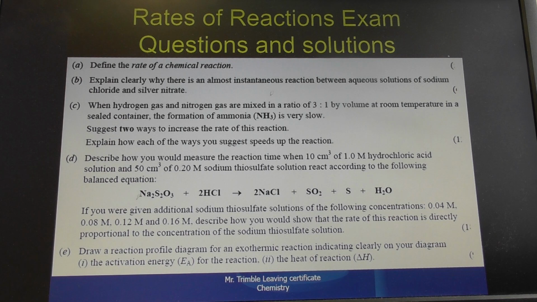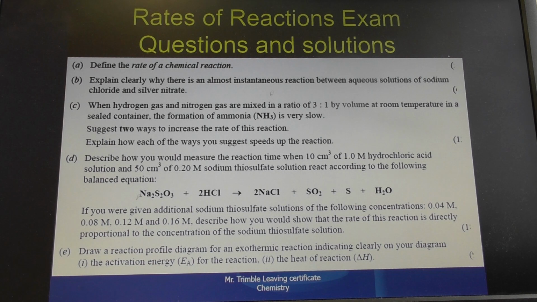And you could also increase the pressure, and this in turn would increase the concentration, or you could add a catalyst. Increasing the temperature will mean more collisions, and those collisions have sufficient energy. The catalyst will lower the activation energy, giving more effective collisions. And increasing the concentration, more molecules will be closer together, and this will mean more collisions per unit time. So any one of those 3.